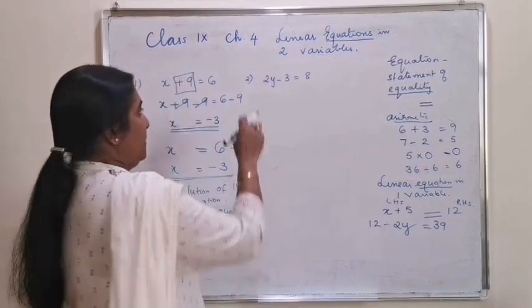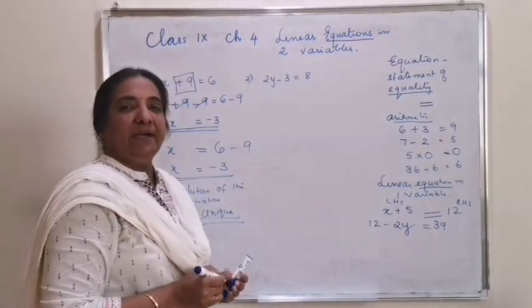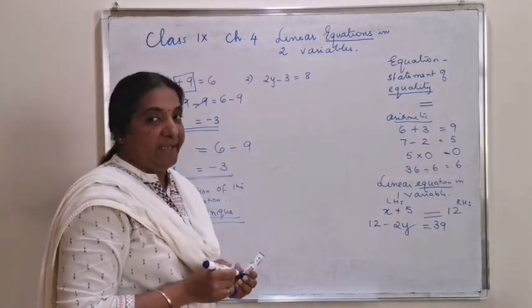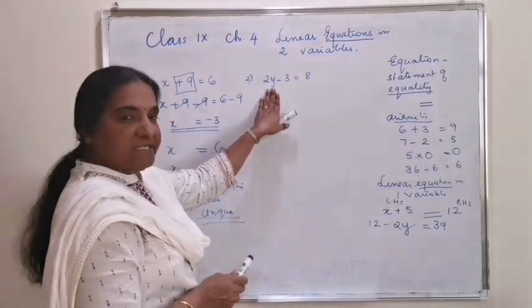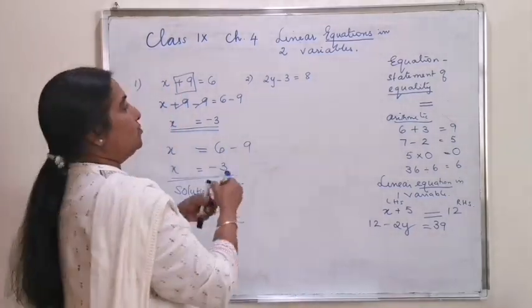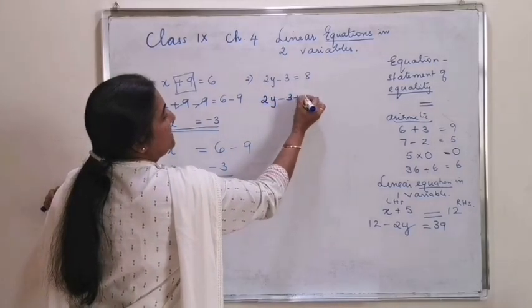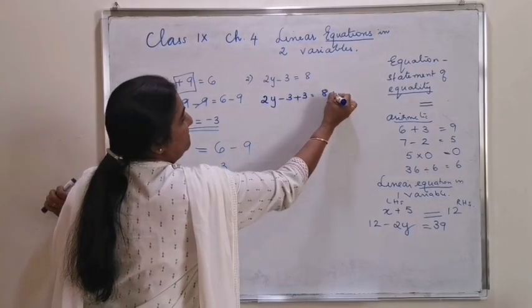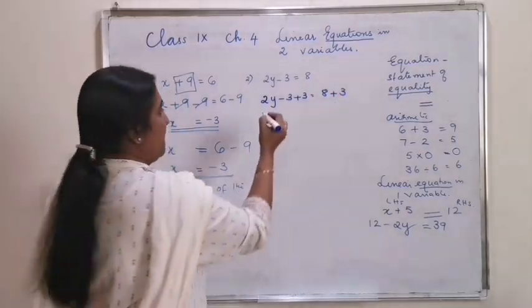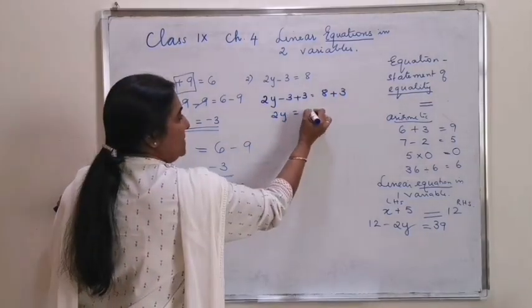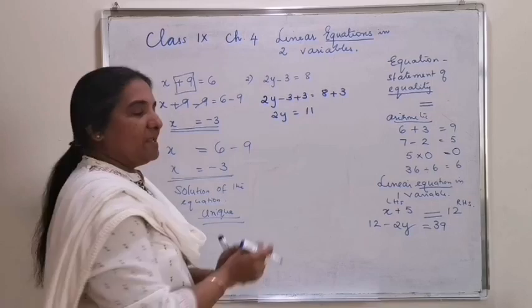Similarly, when you want to find the value of y which satisfies this equation, the two methods can be: either 2y minus 3 plus 3 is equal to 8 plus 3. 2y is equal to 8 plus 3, 11.